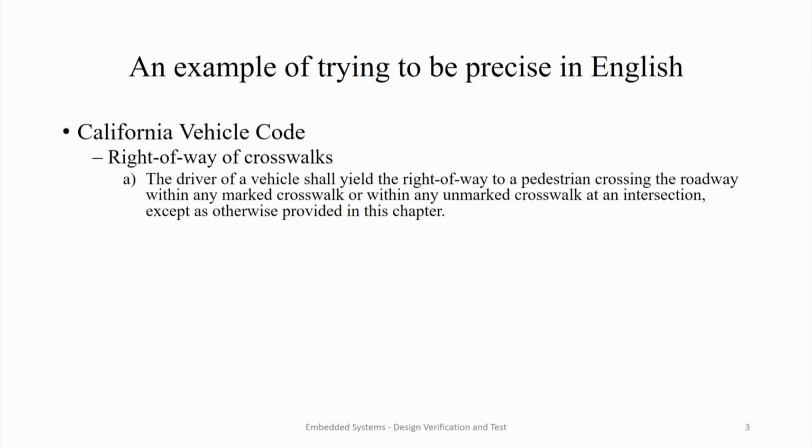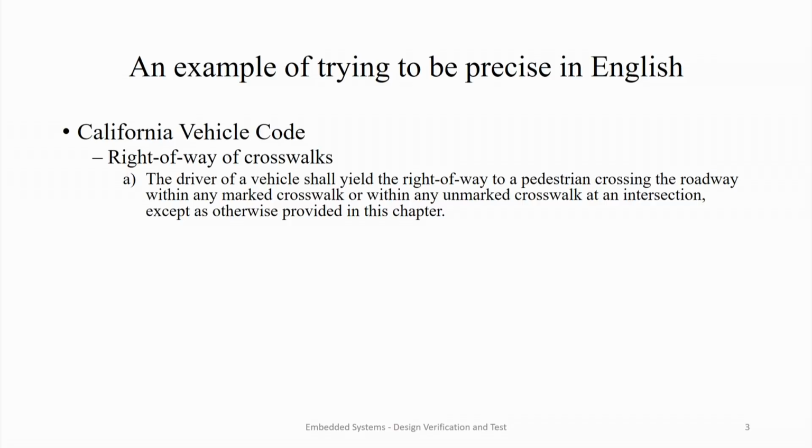For example, if you check a part of the California vehicle code for crosswalks, you will see statements like this: the driver of a vehicle shall yield the right of way to a pedestrian crossing the roadway within any marked crosswalk or within any unmarked crosswalk at an intersection, except as otherwise provided in this chapter.